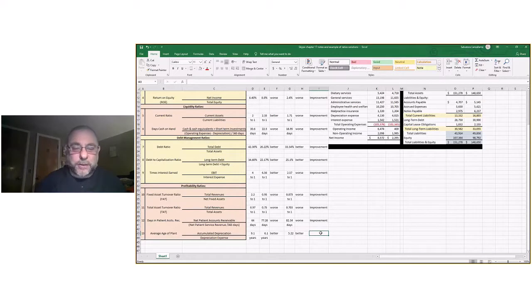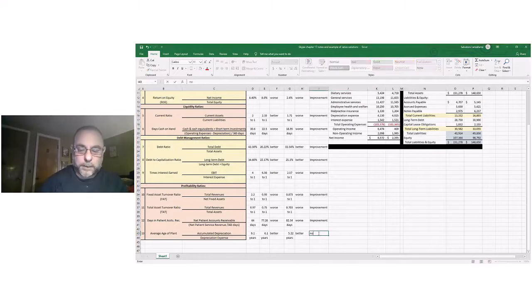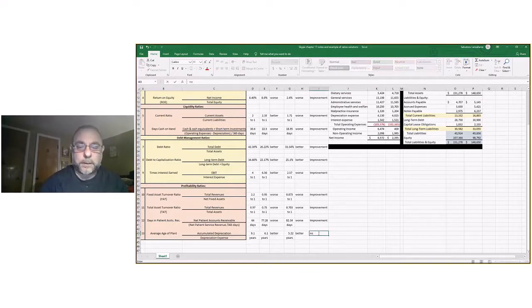But that's expected because last year our assets were about 5 years old on average, and after another year they're 6 years old. So we did not improve in that regard. In other words, we didn't buy any new ones to bring this number down, but we're still doing better than the industry. So let's just say no improvement.